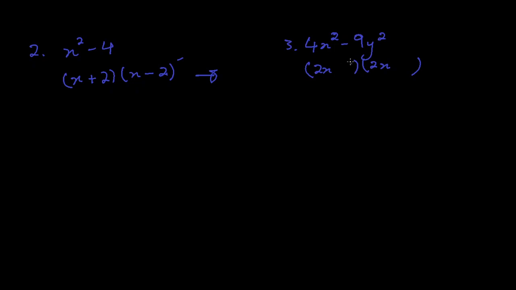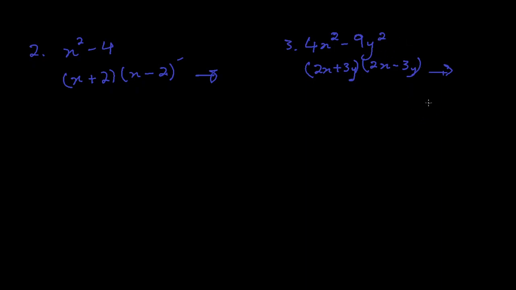Then you do the same for the other term. 9 under a square root is going to give you a 3, and y squared under the square root is going to give you a y. Then signs, remember, plus minus or minus plus, doesn't matter. This is how it's done. You simplify it, it should bring you back here.